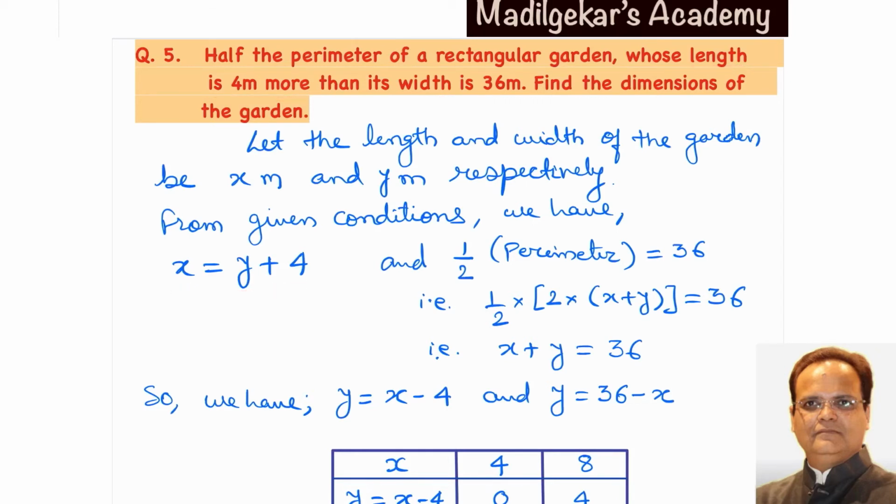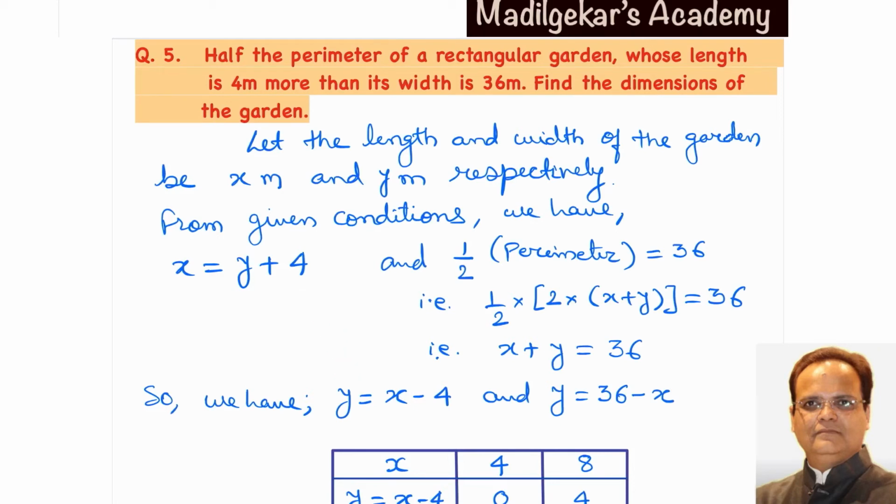Also, it is given that half the perimeter of the garden is 36 meter. Perimeter of rectangle is 2 into length plus breadth equals to 36. Cancelling 2, so we get x plus y equals to 36. Means y is 36 minus x. And from the first equation, we have y equals to x minus 4.